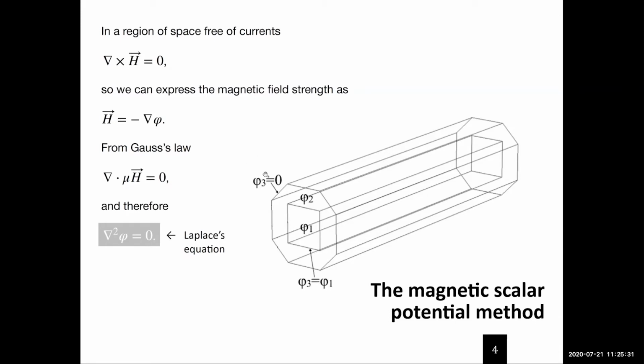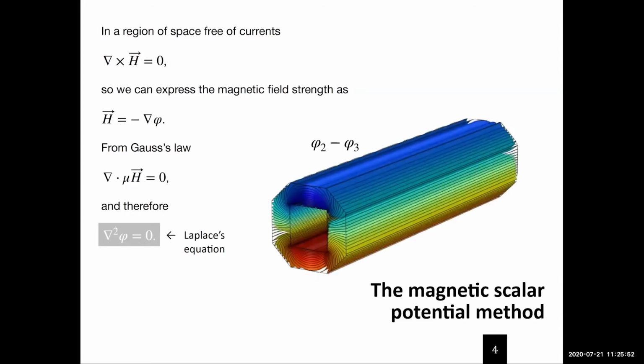We can establish a third magnetic potential with this boundary condition: it is equal to the first magnetic potential on this boundary, and equal to 0 on the others, so that we don't have magnetic flux going out of those walls or boundaries.